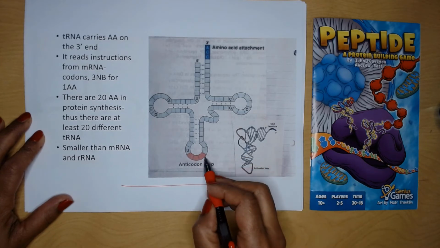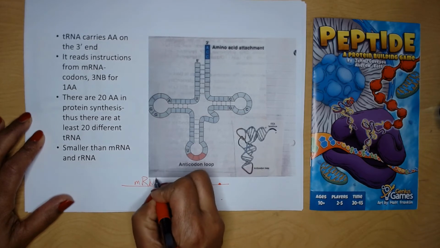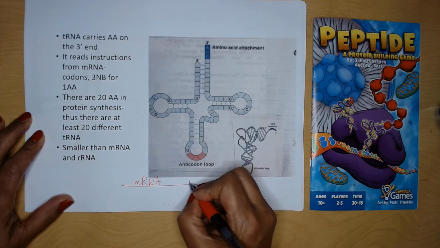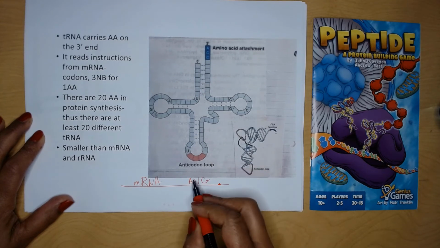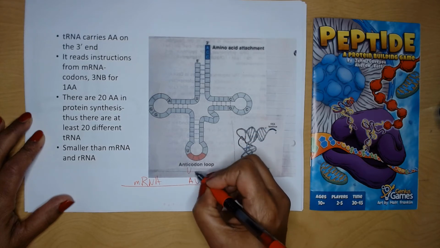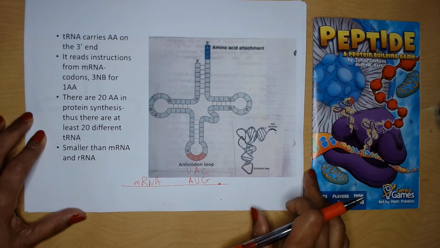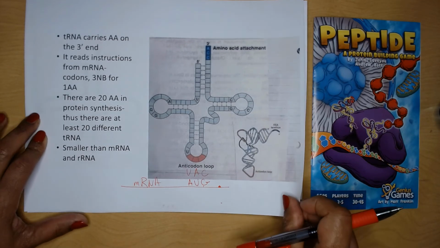So if I have a sequence of the mRNA that is going to combine, let me place here AUG, this anticodon will read AUUAGC, using the base pair complementarity that we know from Watson and Crick.